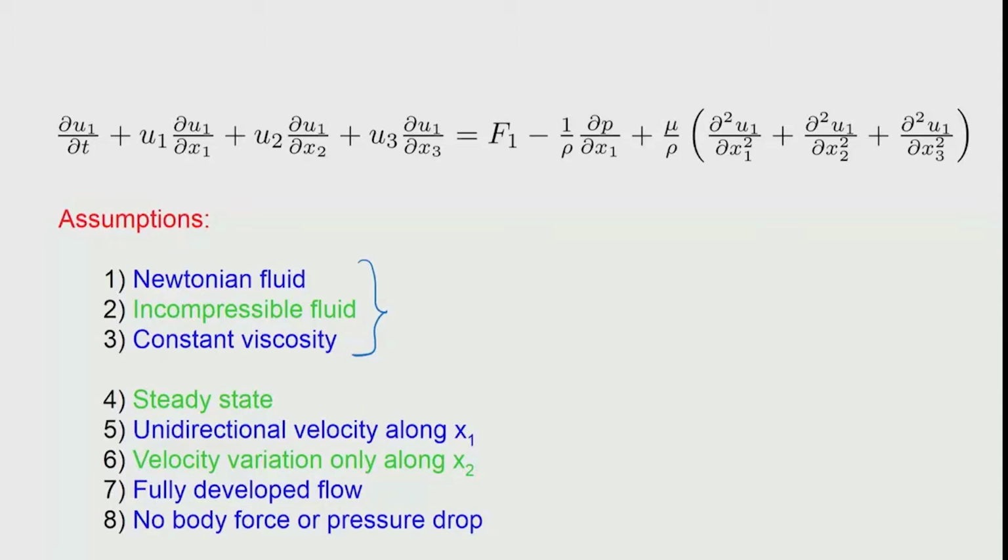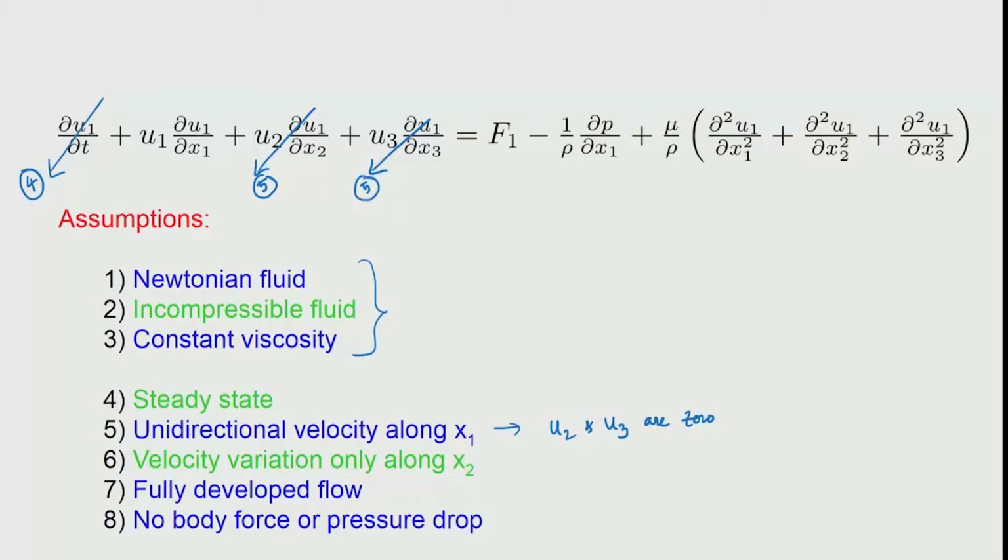The first assumption here is steady state, so we can strike off this term because of assumption number 4. Next is unidirectional velocity along the x1 direction, by which we mean u2 and u3 are 0, so these two terms are dropped because of assumption number 5.